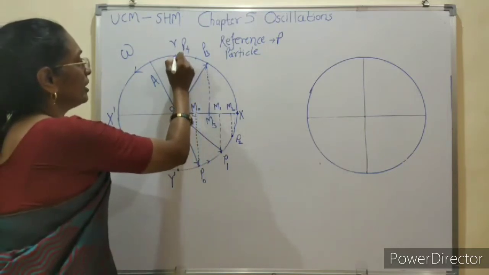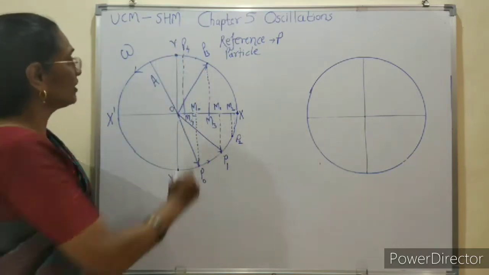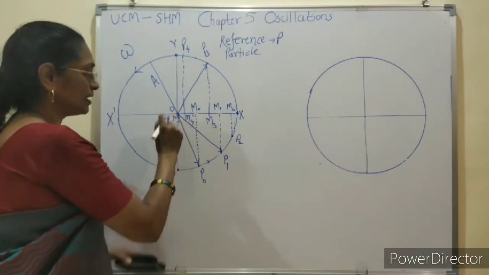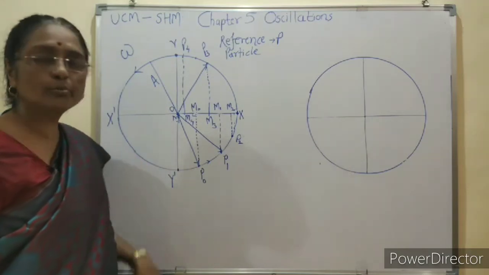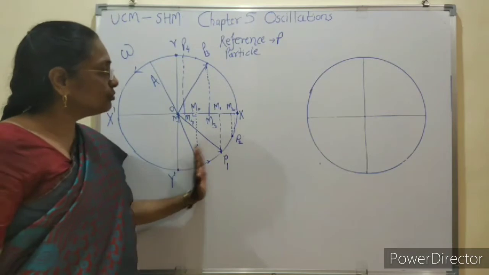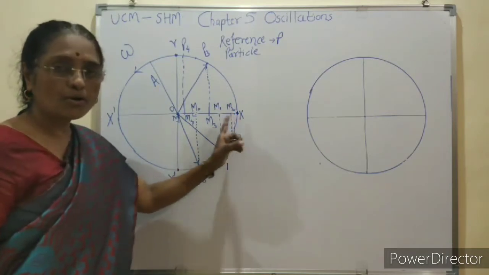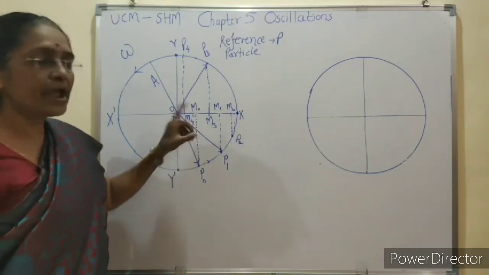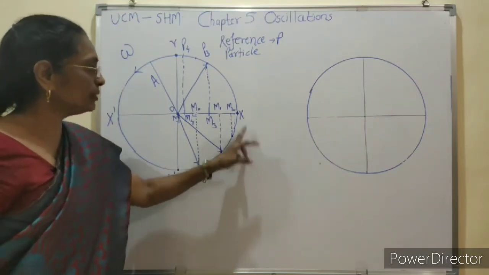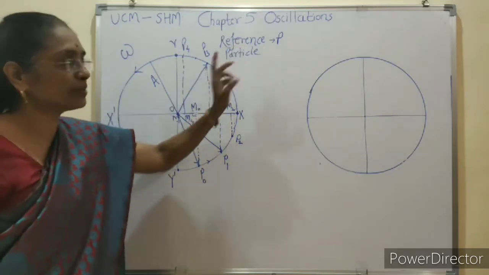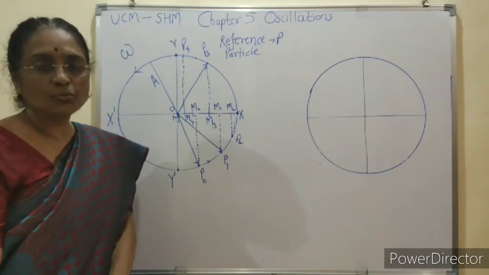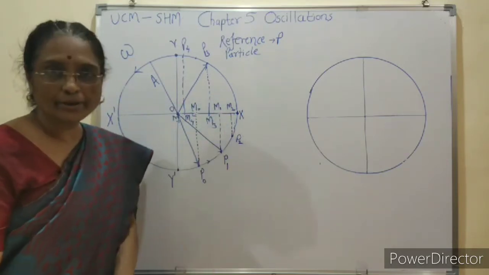When particle P is at Y, the foot of the perpendicular can be shown by M. So P0, P1, P2 represent the positions of the reference particle, and M0, M1, M2 represent the motion of this foot of the perpendicular.